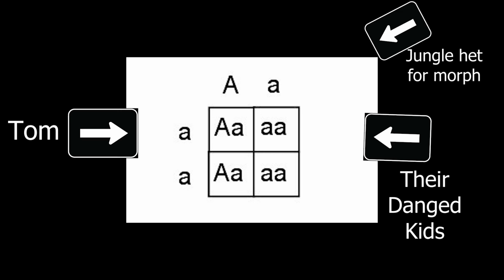You get 50% of the offspring being a visible combination of the recessive homozygous trait, which means that 50% are going to look like Tom. The other 50% are going to be het for the trait, so they are most likely going to look like a normal jungle carpet python.